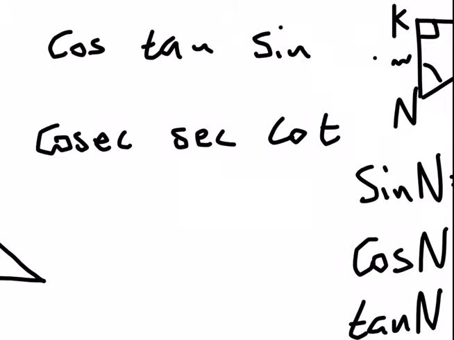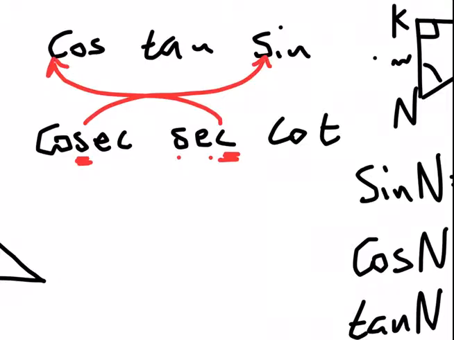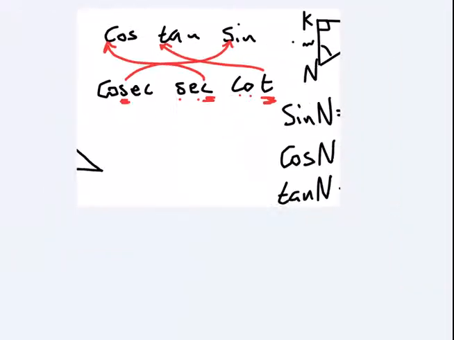You always go to letter number 3. Letter number 3 is S, S for sine. So that means this is the cousin of that one. 1, 2, 3. Letter number 3 is C. So that means this is the cousin of that one. 1, 2, 3. Letter number 3 being T. T is the cousin of tan. That's how you easily work it out.